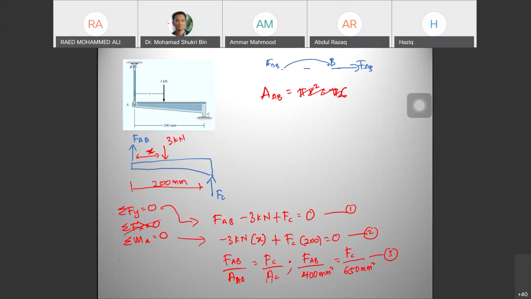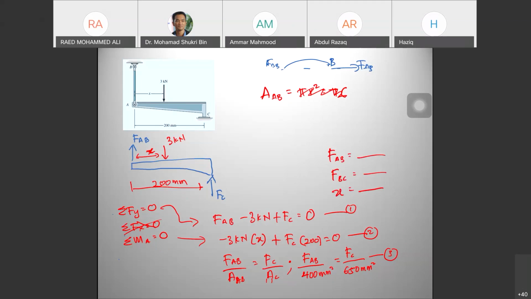So you have 3 equations, 3 unknowns, FC, FAB, and X. Okay, so you can solve these 3 equations. You can use your calculator, right? So you can get your answer lah. I did not show it here, but you can directly find your answer. Alright, and X, I think this slide has the answer.